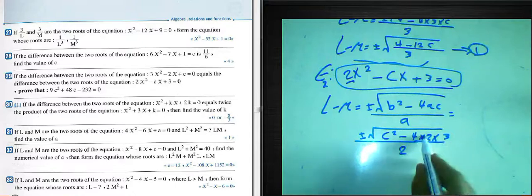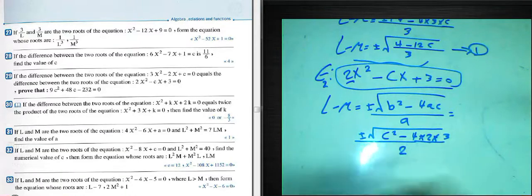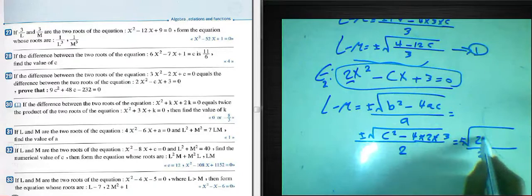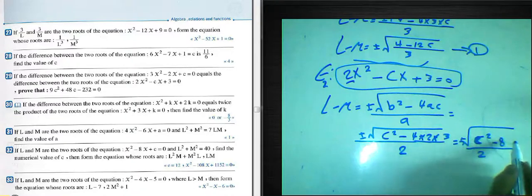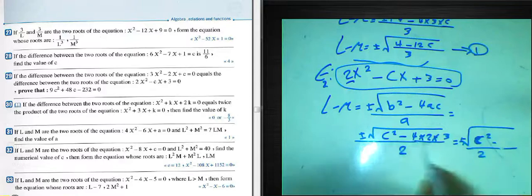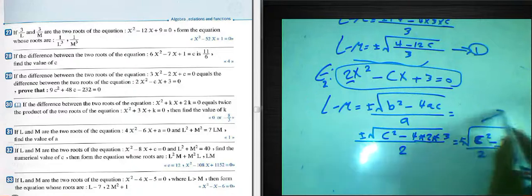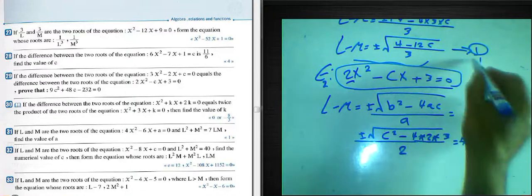Okay, the result will be positive or negative root of c squared, subtract 8, 4 times a times c, 4 times 2 times 3 equals 24. It's relation number 2.